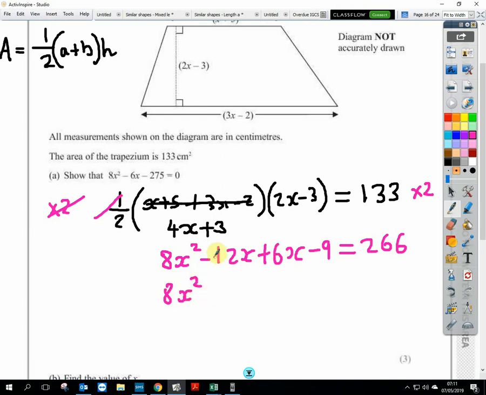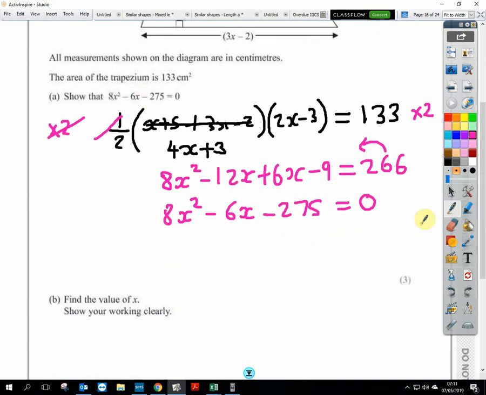So minus 12x plus 6x is minus 6x, and then you've got a minus 9 minus 266, which is minus 275, and that's equal to 0. Okay, which is the answer to the question. If you want to, on a show that question, you can write QED at the end. If you don't know what that means, Google it.